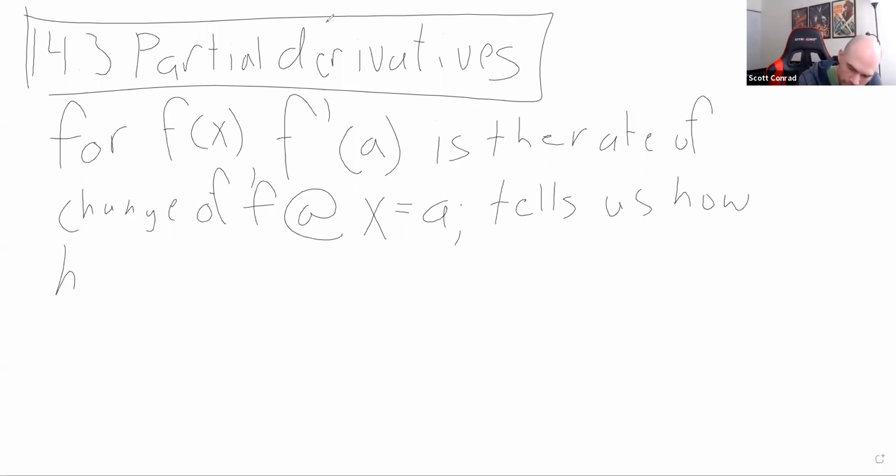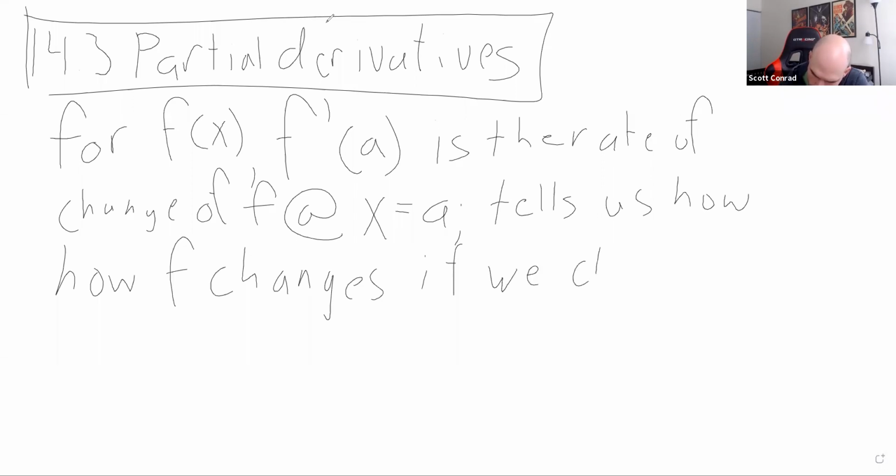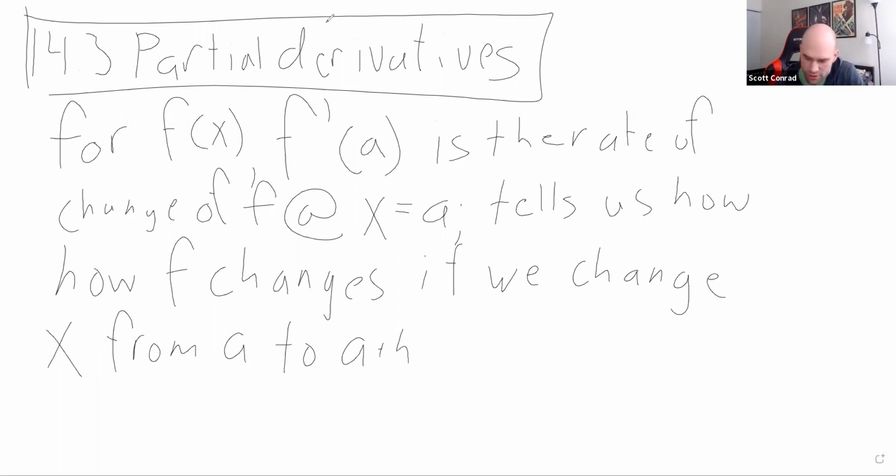So it tells us how f changes if we change x by a little bit, say from a to a plus h for some small h. So if we increase or decrease a by a tiny bit, how is f changing?